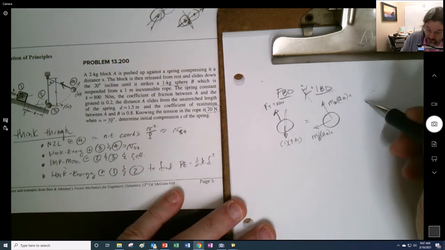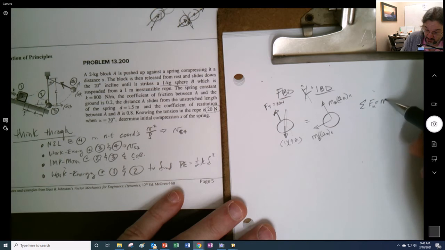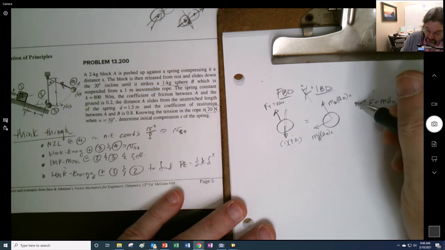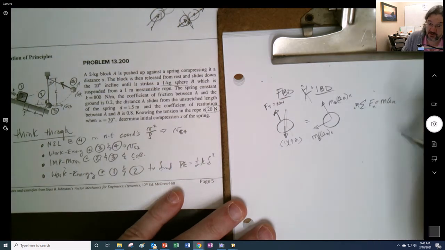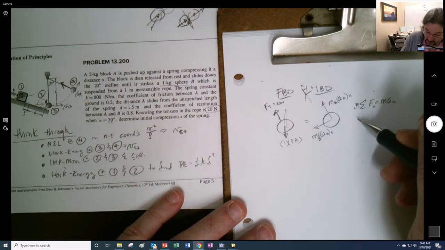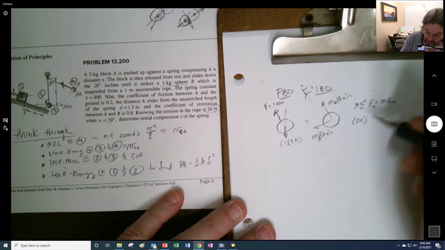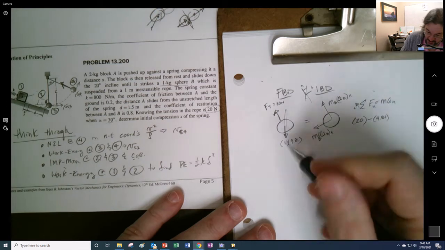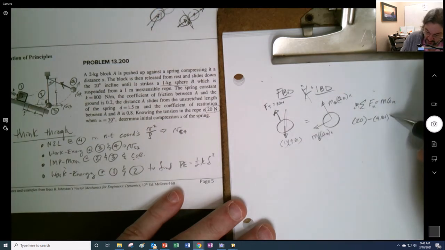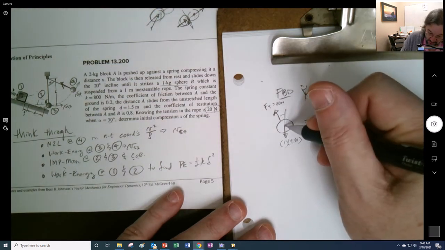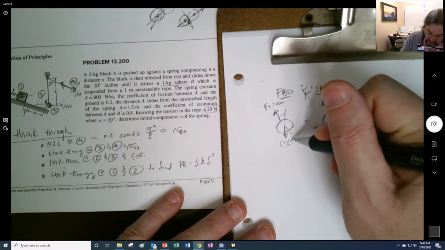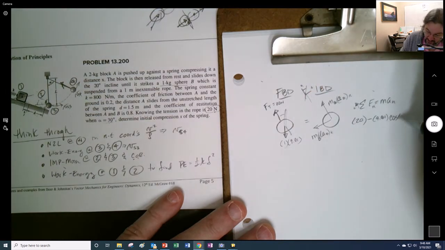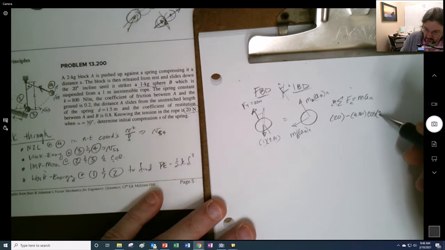All right, so summation of forces in the normal direction, mass times acceleration in the normal direction. The normal direction is up and to the left. We're going to say that's going to be 20 newtons, but it's going to be minus our 9.81, but only the component along this direction, so times the cosine of that 30 degrees.